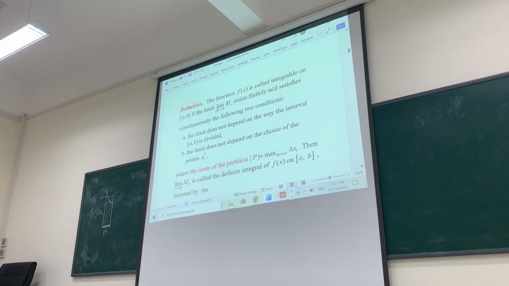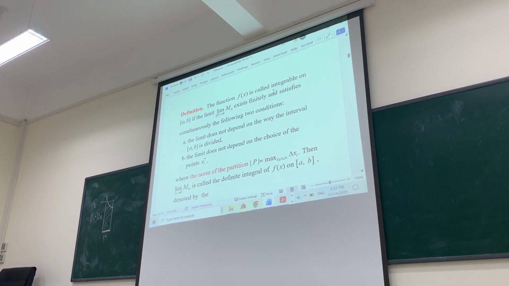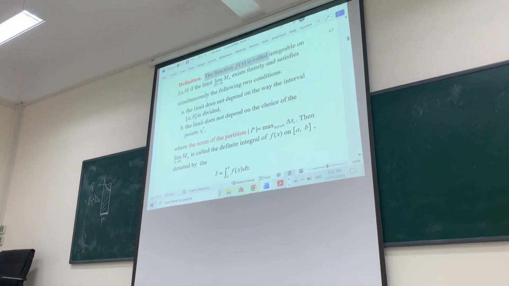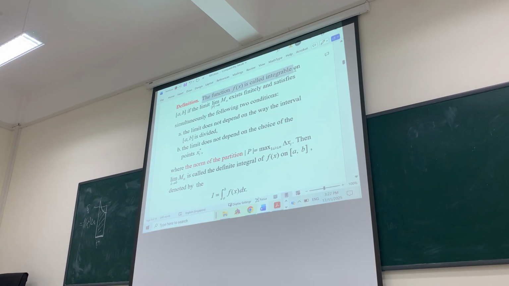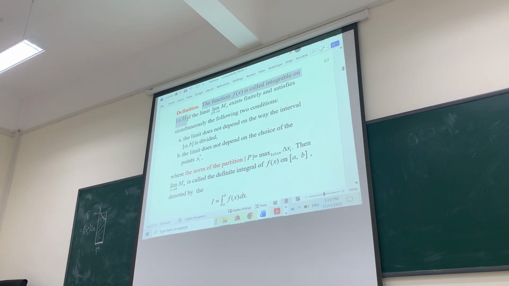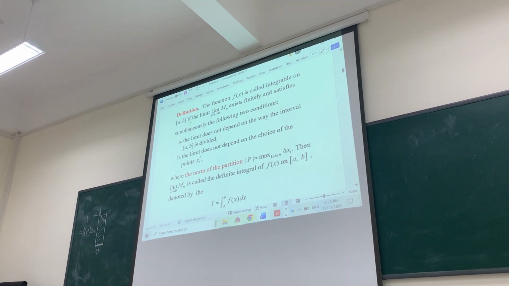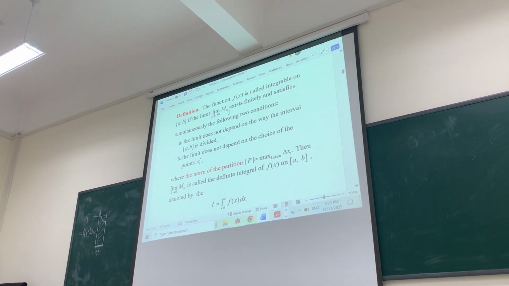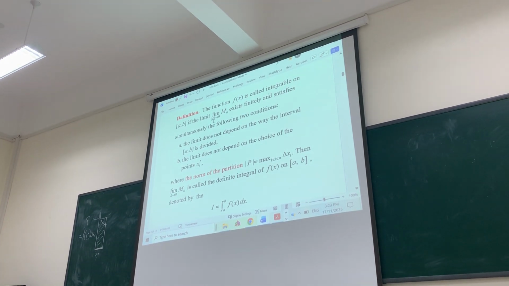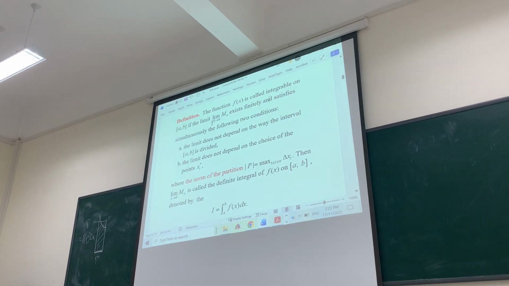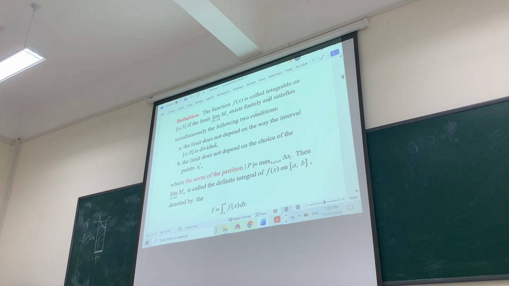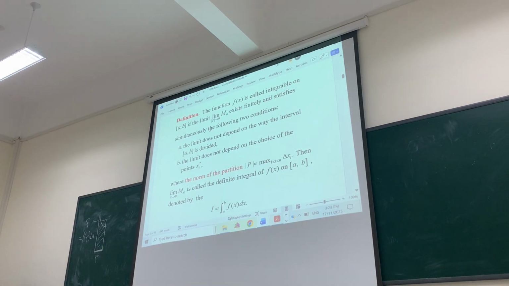Now we have the definition of the definite integral. f is integrable on [a, b] if the limit of the Riemann sum exists and is finite, as the norm of P tends to 0, and satisfies two conditions.